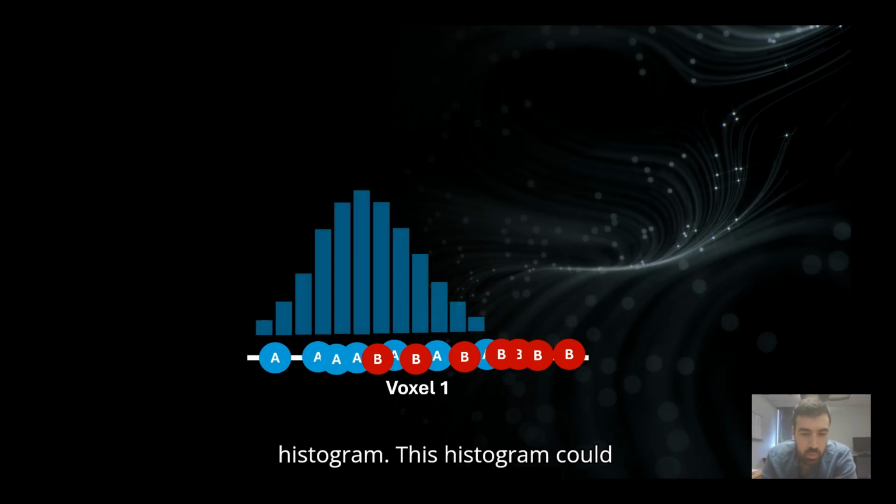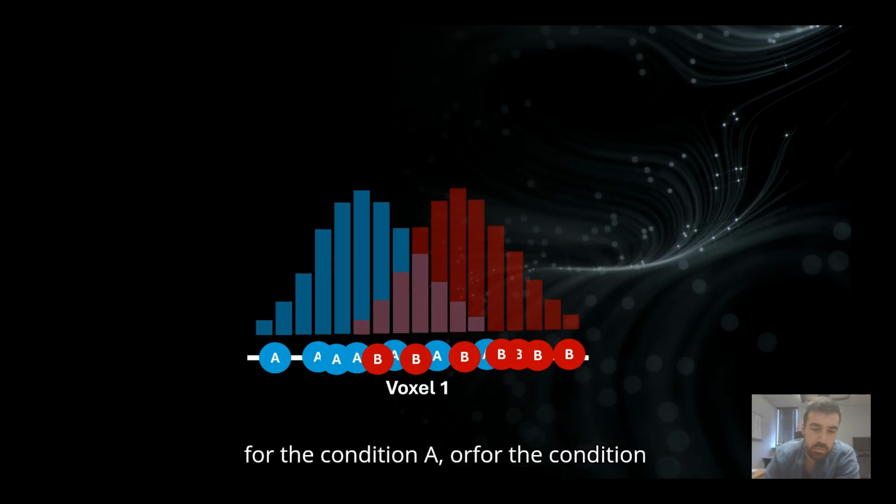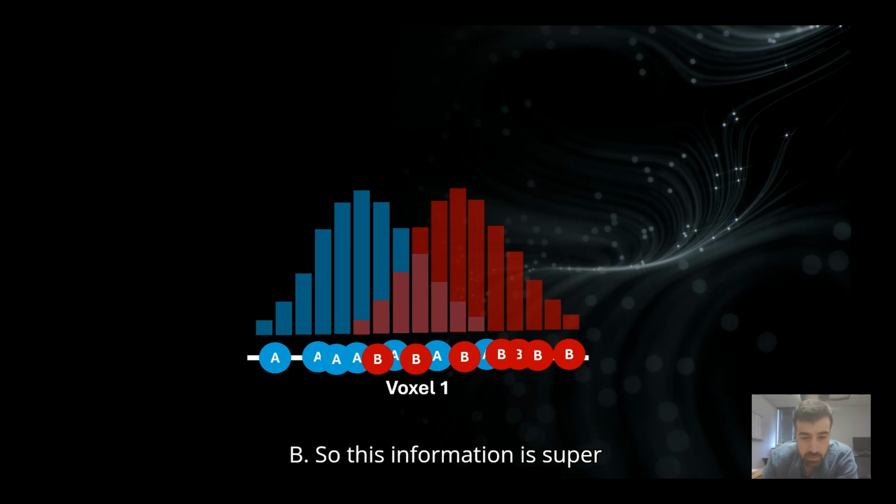This histogram shows how the activity of this specific voxel is distributed for condition A or for condition B. This information is super useful, and this is how a univariate model works.